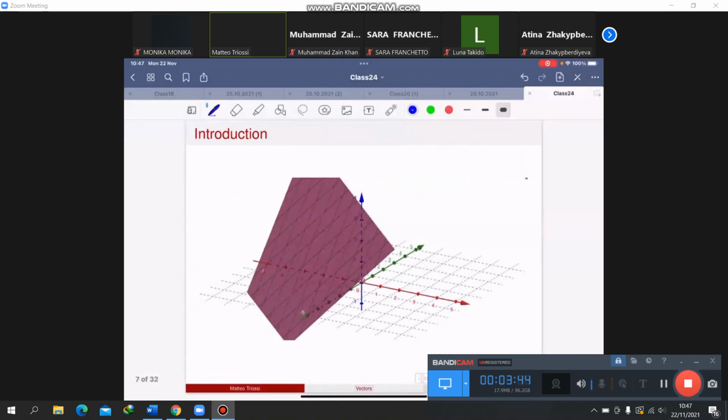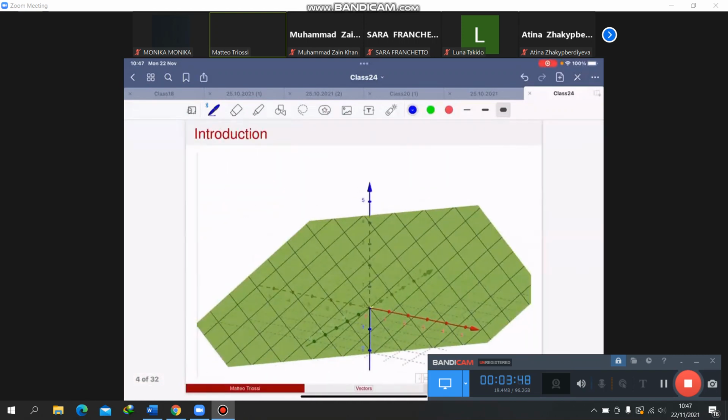What does this have to do with a linear system? What we are going to see is that, after all, a plane can be described as the set of solutions of a linear equation.